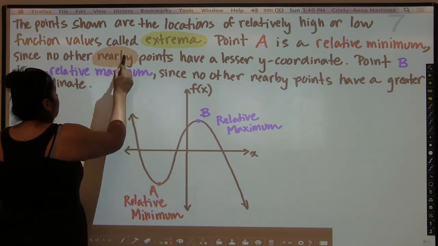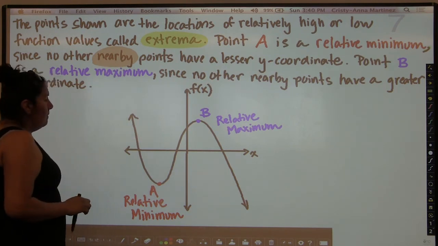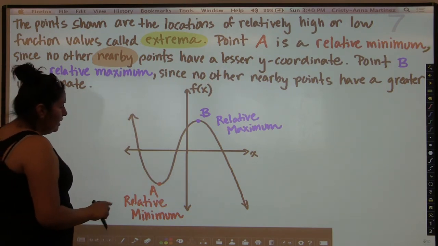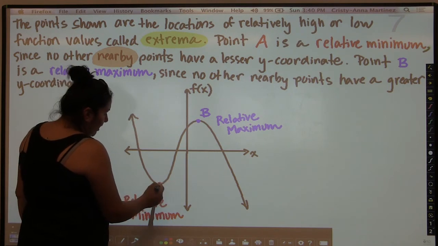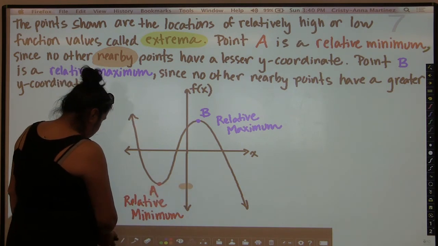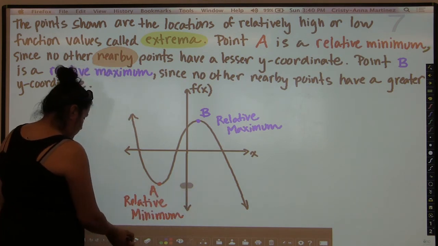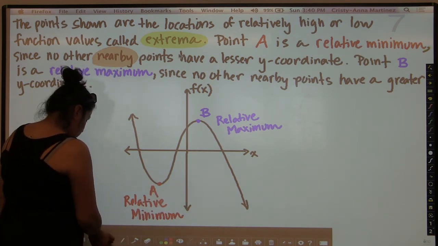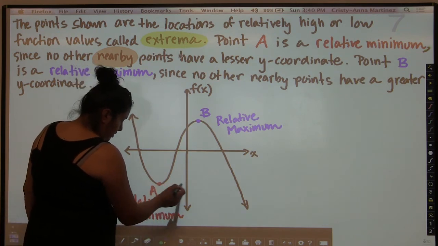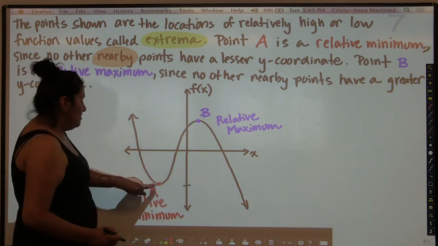Nearby. Important word, okay? Because obviously what I want to show you with point A is, here is the y value, right there. Sorry. There we go. This is my y value.